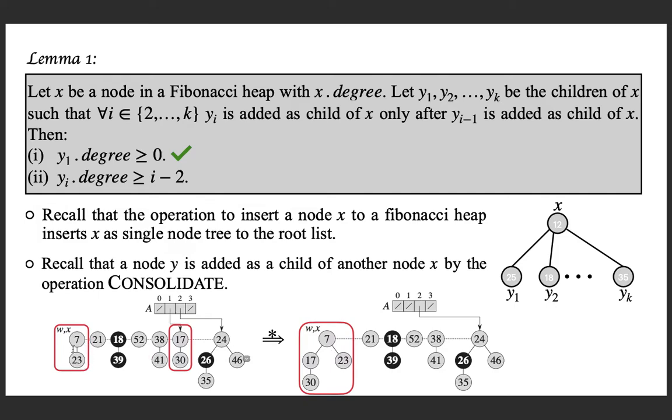Previously 23 was the only child of 7, and now because you already have a tree of degree 1 pointed to by index 1, and you are now processing another tree with degree 1, you have to combine them into a single tree. Note that whenever you add a child node like 17 here to a node x, both these trees already have the same degree, or the number of child nodes for x is the same as the number of child nodes for the 17, which is going to be added as a child.